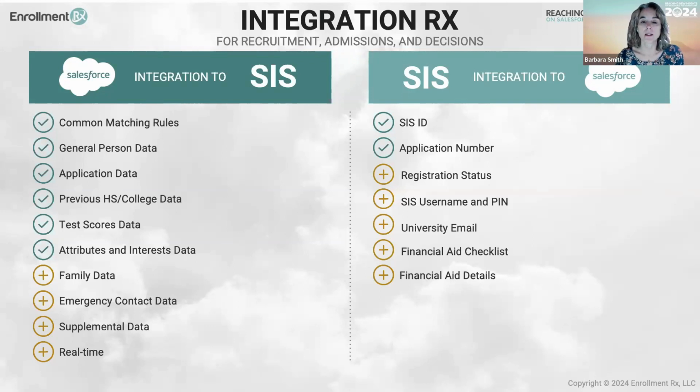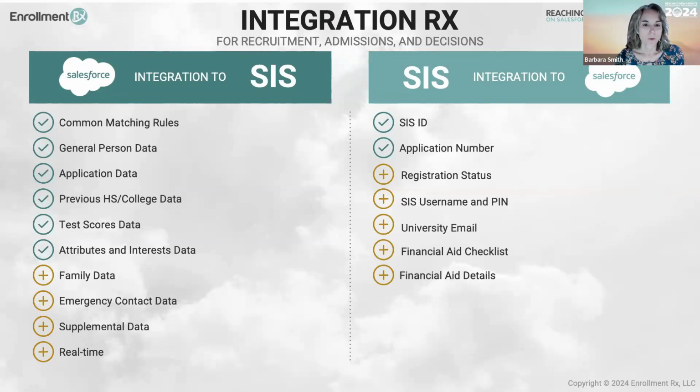So we immediately either find a match or we create a new person so that we can bring out your SIS ID. So you can immediately say, as long as your downstream systems are creating their user in your SIS where they would register or do financial aid or something of that sort, as long as that process is running quickly, we use real time to bring that data back to you to present to them.